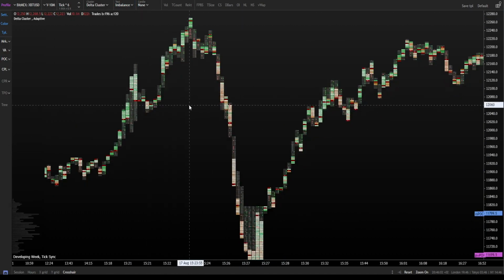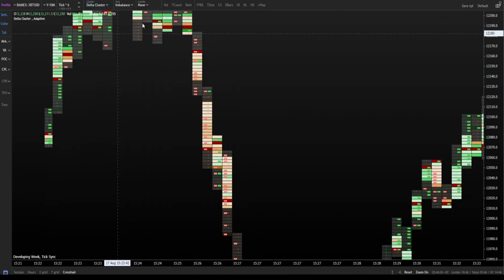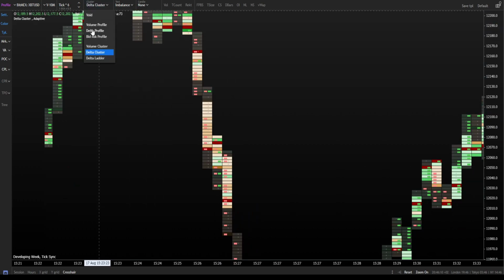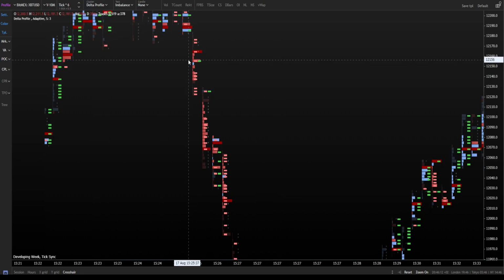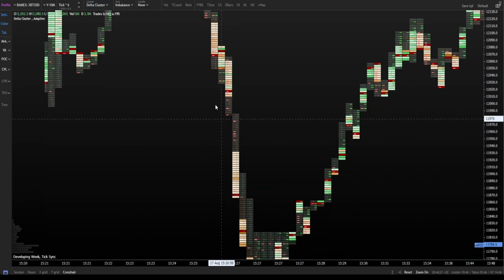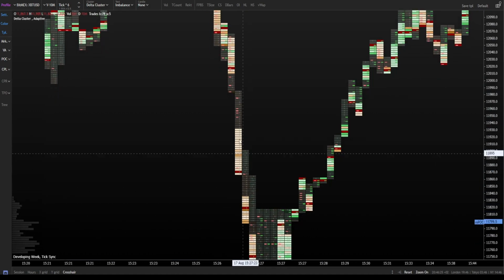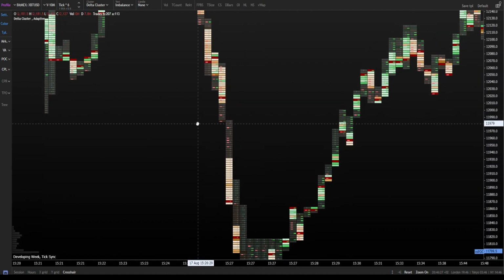If you look at the candlesticks and the delta clusters, this is the delta clusters candle, right? You can have this setting on, which gives you a delta profile and a delta cluster, which is one of my favorite ways of viewing the candles, because it is really visual and shows you where the heavy delta has taken place in the candle.